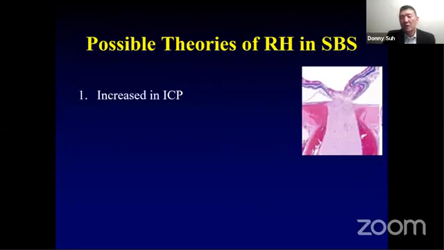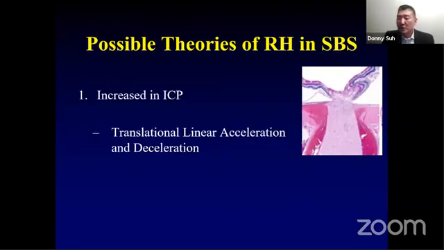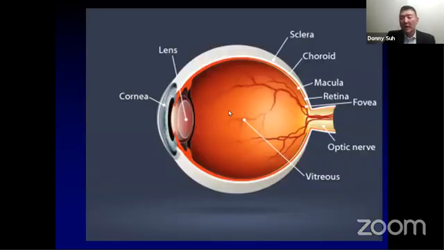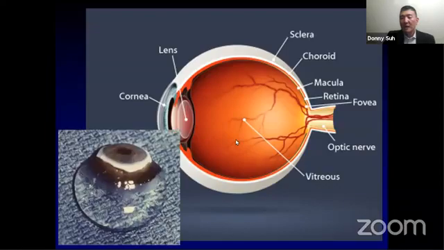Possible theories include increased intracranial pressure, but the more likely theory is that there's significant vitreoretinal traction. What does that mean? Well, here's an eyeball with the gel inside. As this gel slides back and forth, it can cause traction, resulting in shearing force.